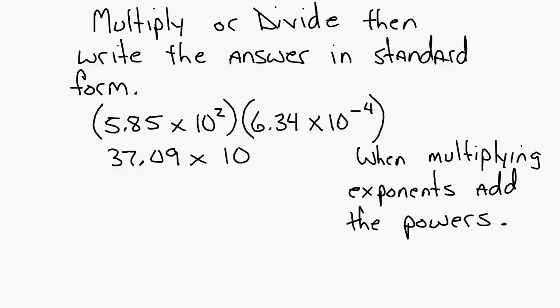All right, when you're multiplying exponents, you need to add the powers. So this is going to be times 10 to the 2 plus negative 4 power. And what's 2 plus negative 4? That's negative 2.